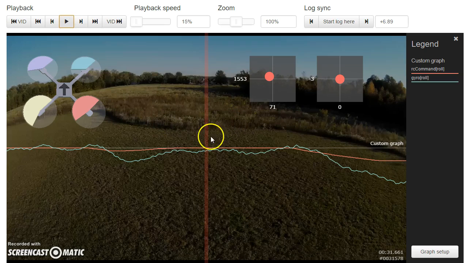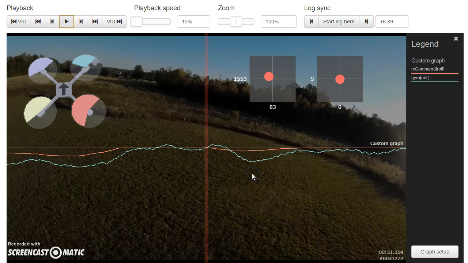So here, it certainly looks like the copter is rolling to the right, but the gyro is showing left roll, right? Is that incorrect? And the answer is no, it's not incorrect. You have to realize that there's two things going on here. There is the change in the perception of the level of the horizon. In other words, the horizon appears to be rolling right or left because you're yawing and because the copter is not flat.